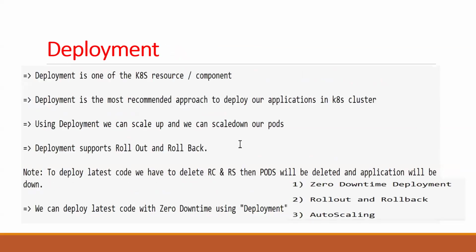Deployment is one of the Kubernetes resource components. It is the most recommended approach to deploy our application in a Kubernetes cluster. Using deployment, we can scale up and scale down our pods. Deployment supports rollout and rollback. To deploy the latest code with replication controller and replica set, we have to delete them, then the pods will be deleted and the application will be down. With deployment we can deploy the latest code with zero downtime.